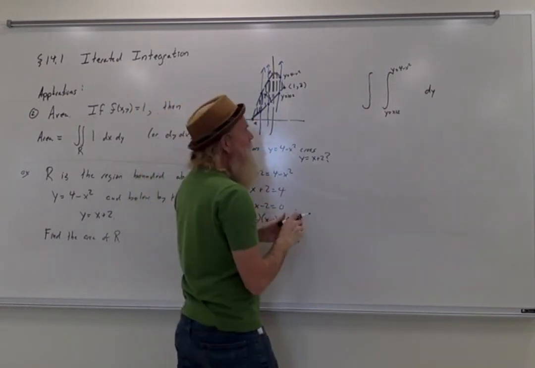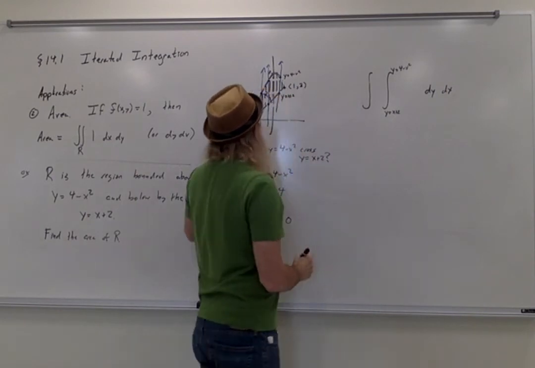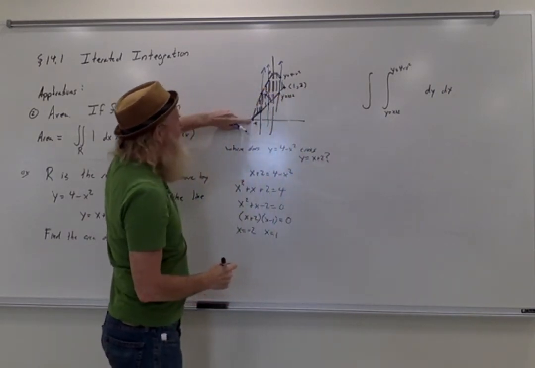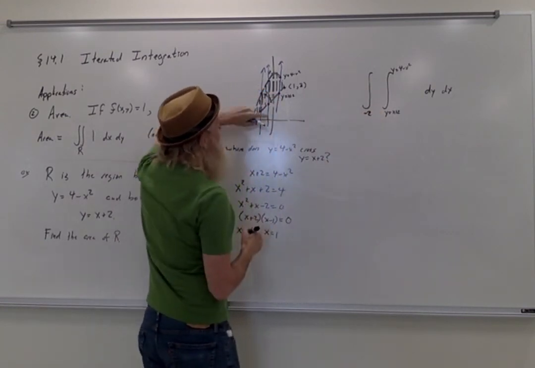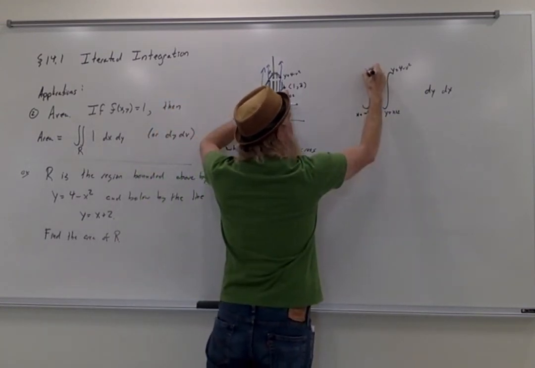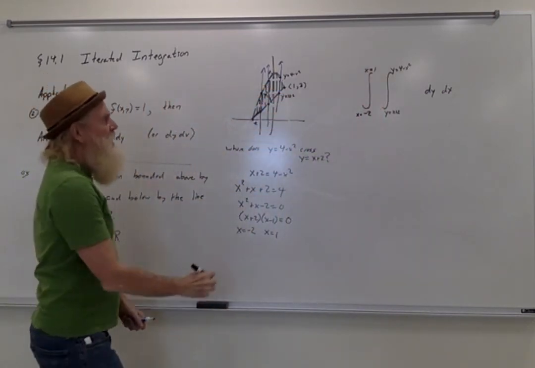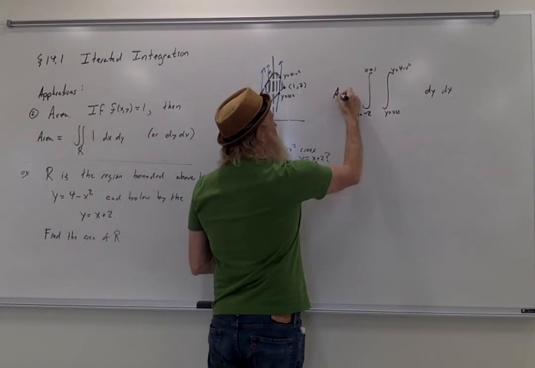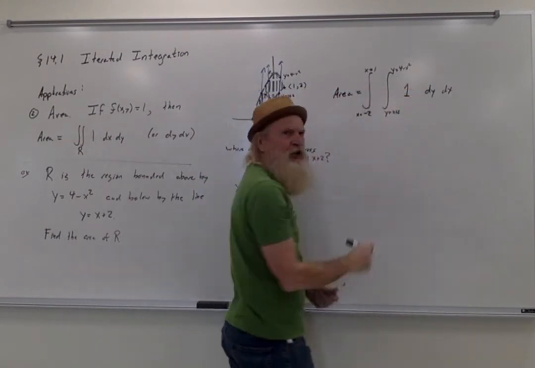On the outside, dx, I'm going to go from the smallest value of x in the region, which is -2, over to the largest value of x in the region, which is x equals 1. And to calculate area, the integrand is just the function 1.